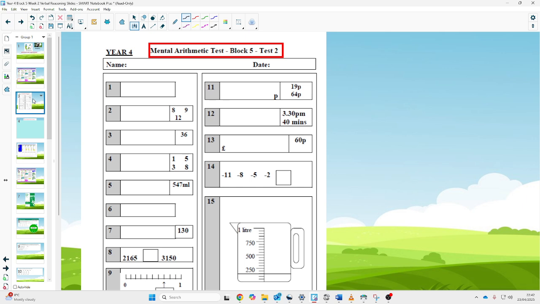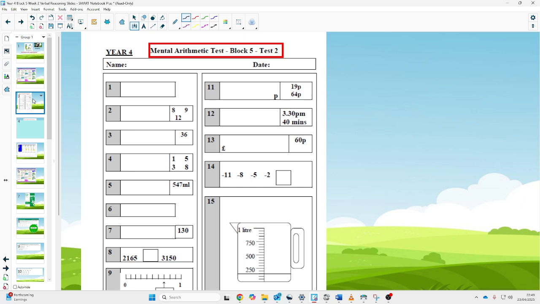Question 5. Round 547 millilitres to the nearest 100 millilitres. Question 6. What is the product of 9 and 7? Question 7.